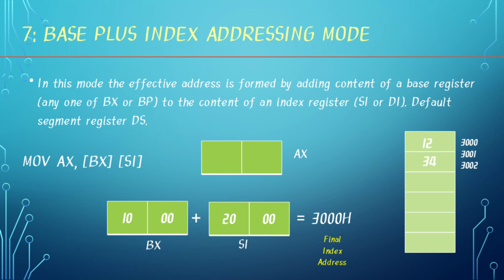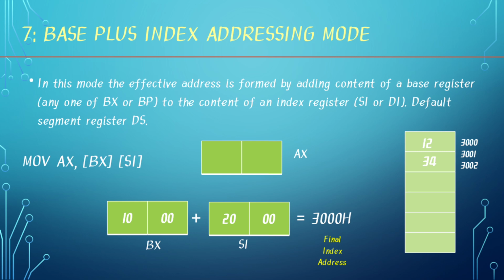So for example, MOV AX, [BX+SI]. Within the square brackets, the BX register has some address and the SI index register has some address. Here the BX register has the address 1000 and the SI register has the address 2000. These two register addresses added make 3000.